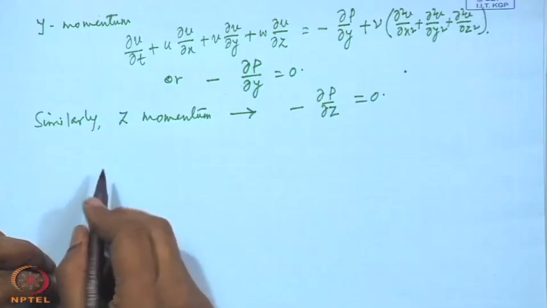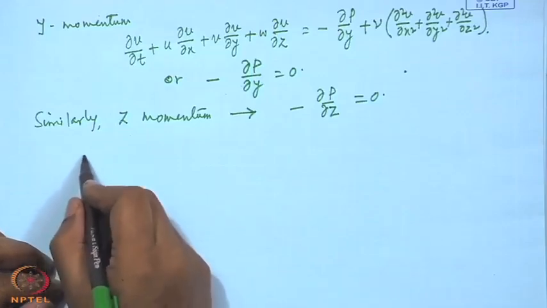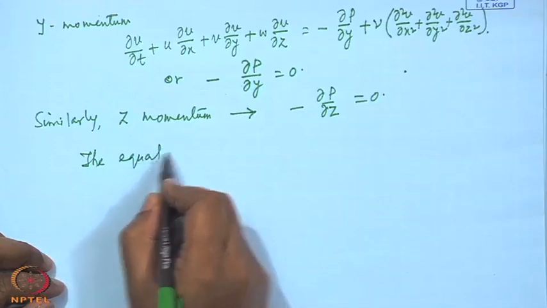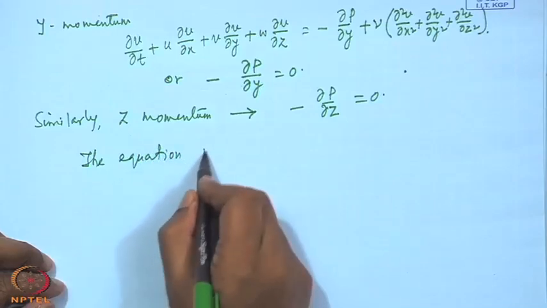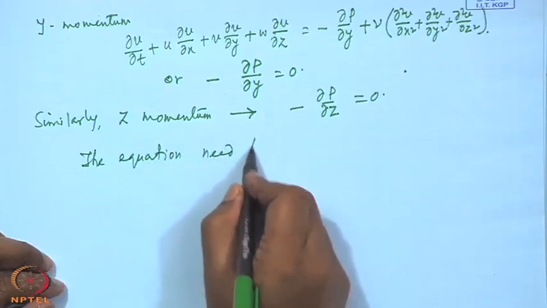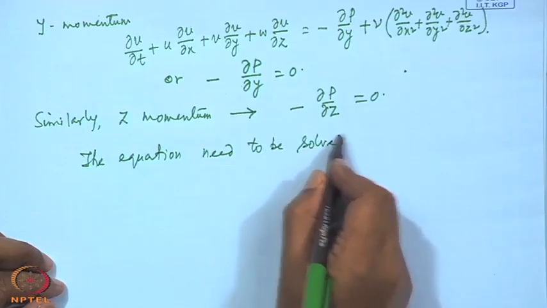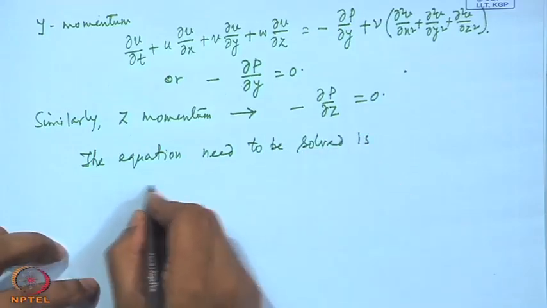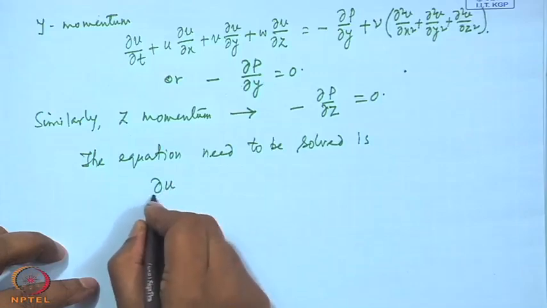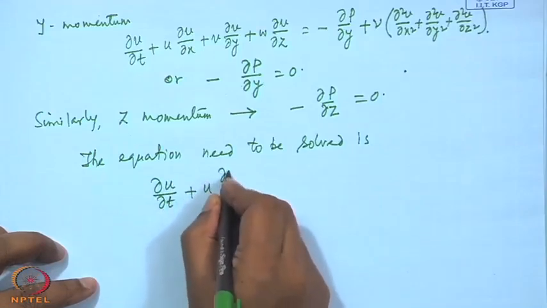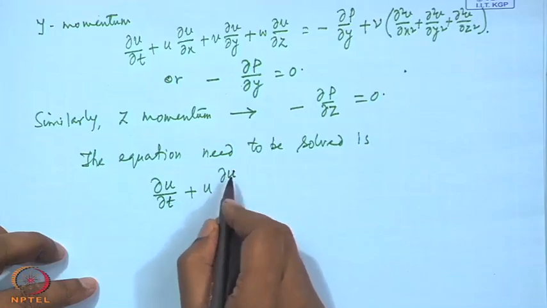So, practically the equation that we now have is this, the equation that we need to solve, that x momentum equation, du dt plus u, by the way, this term is also 0.